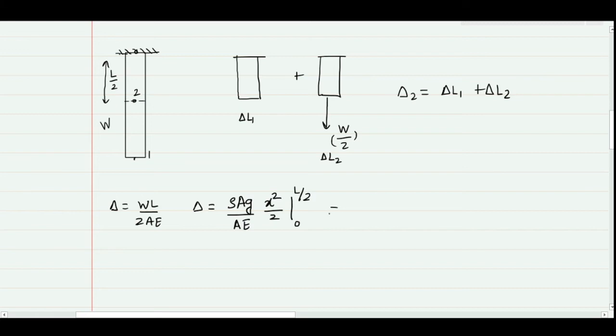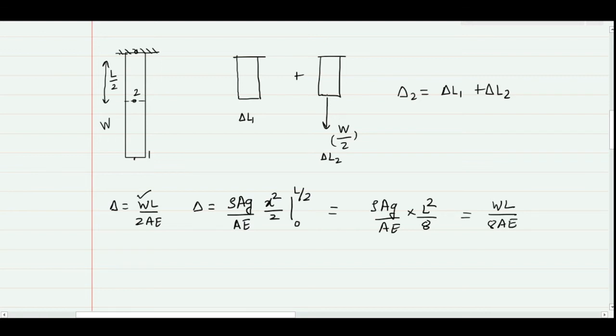So I will get rho A G by AE divided into L square by 8. If I replace this with the weight W, I will get WL by 8AE.